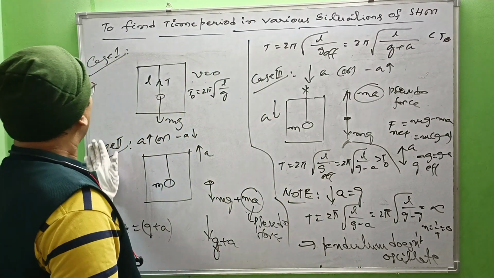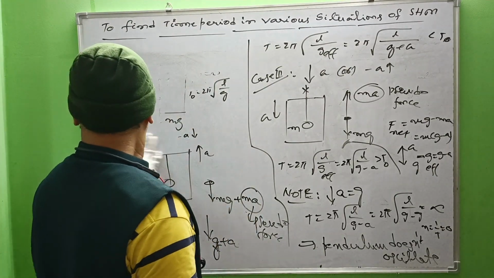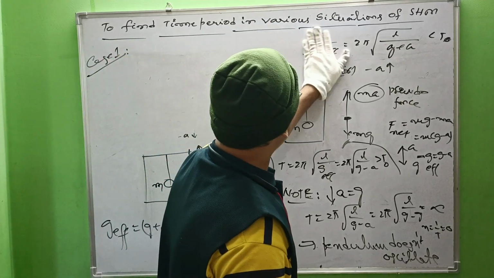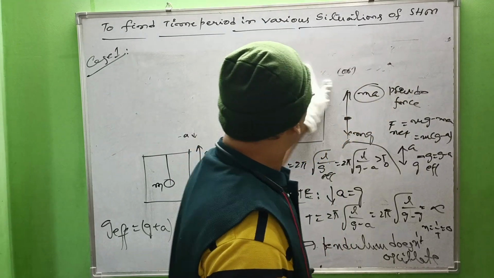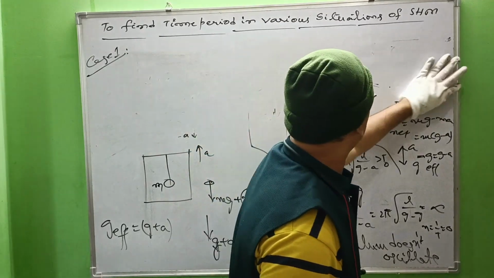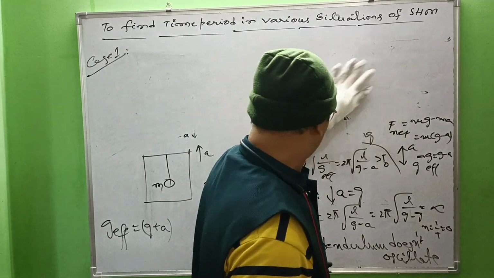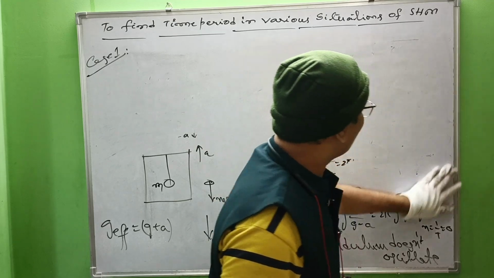Okay. Now we can have a few more cases. In case of a simple pendulum, suppose the same simple pendulum is fixed to the ceiling of an accelerating car. When the car is accelerating, what is the period of oscillation of the simple pendulum? Right, that is the situation.